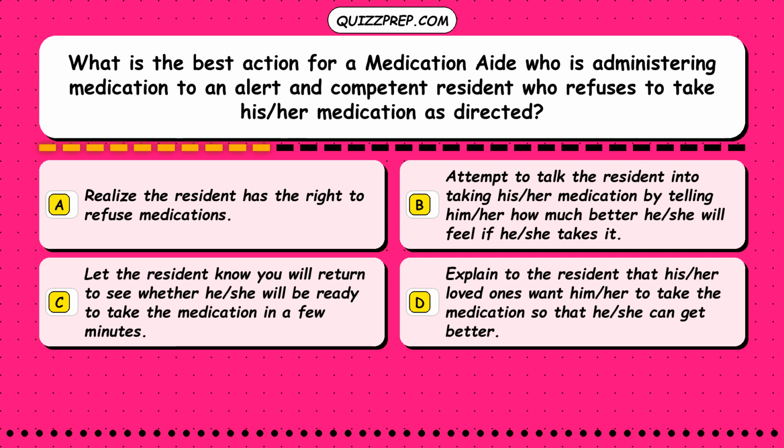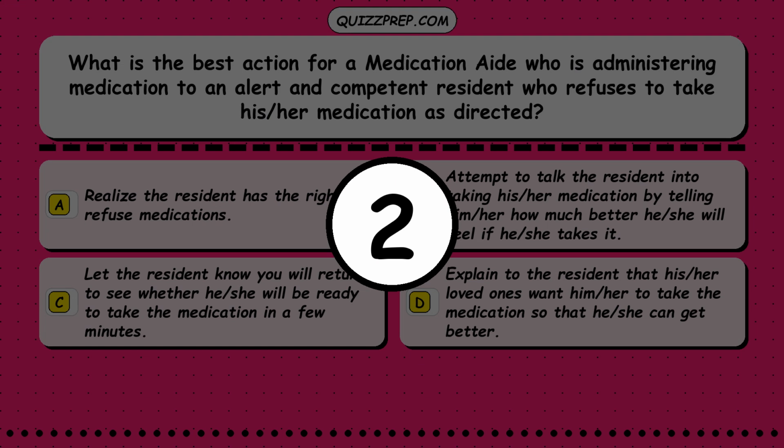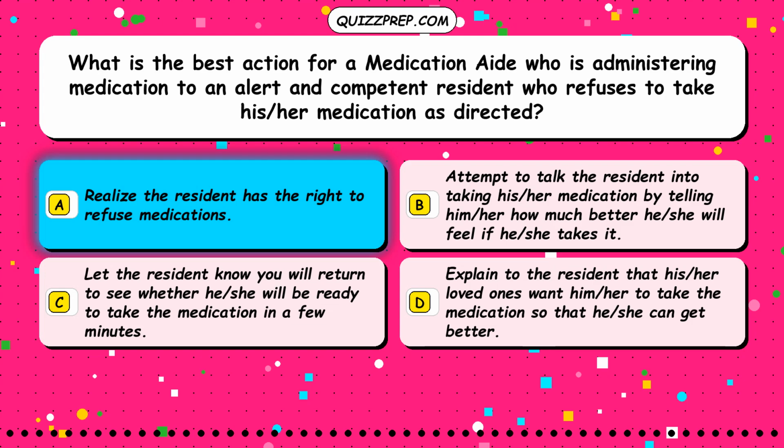Option C, let the resident know you will return to see whether she will be ready to take the medication in a few minutes. Option D, explain to the resident that her loved ones want him or her to take the medication so that she can get better. The correct answer is option A, realize the resident has the right to refuse medications.